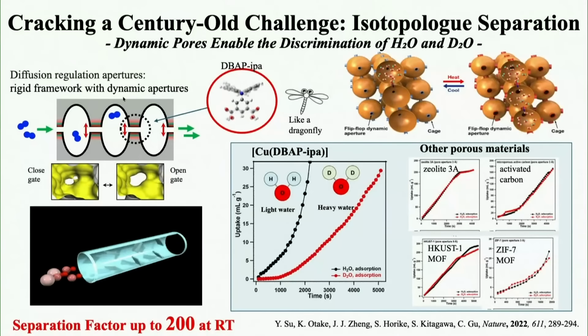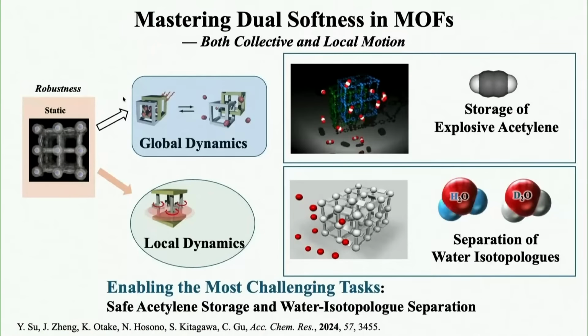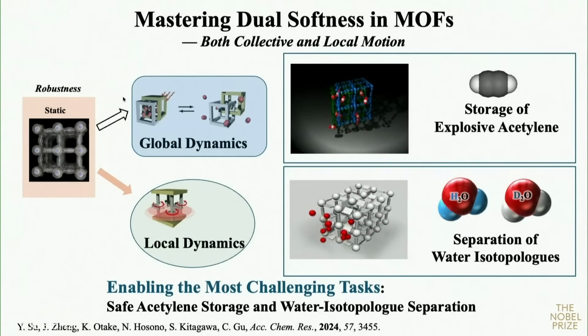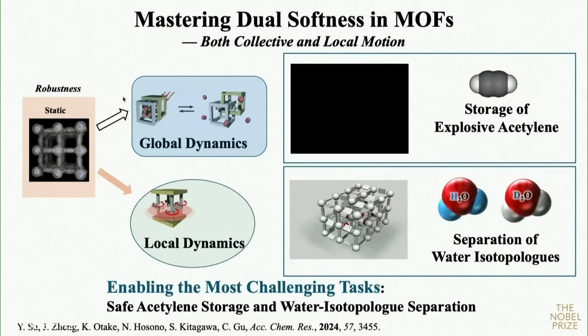So we succeeded in this kind of discrimination of these materials, the separation factor up to 200 at room temperature. So this kind of flexibility, the dynamics, is very important for very difficult tasks.